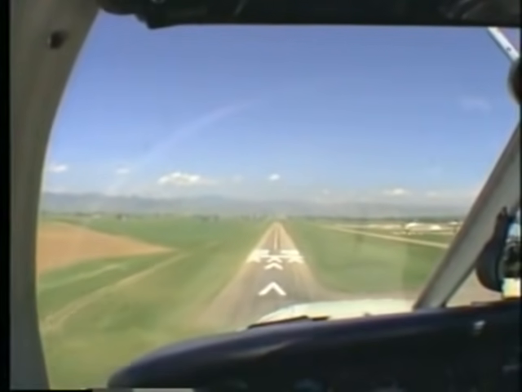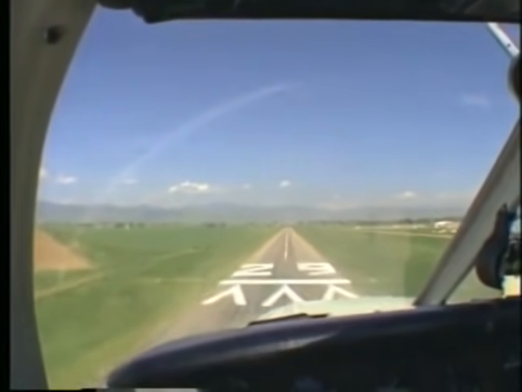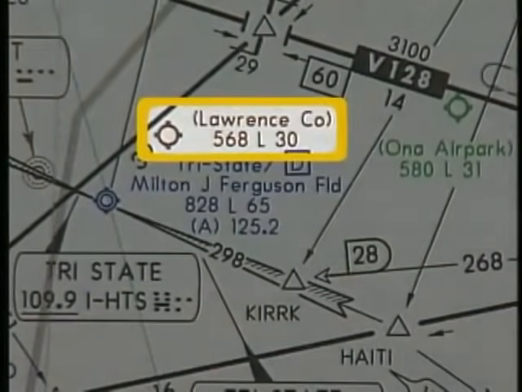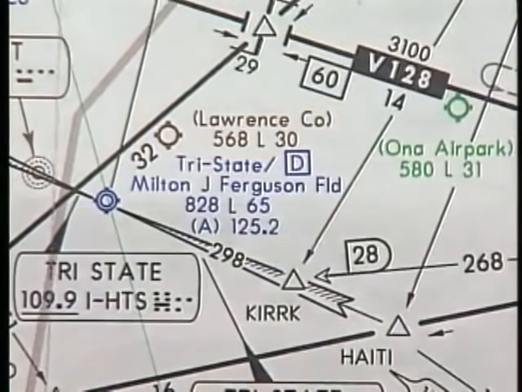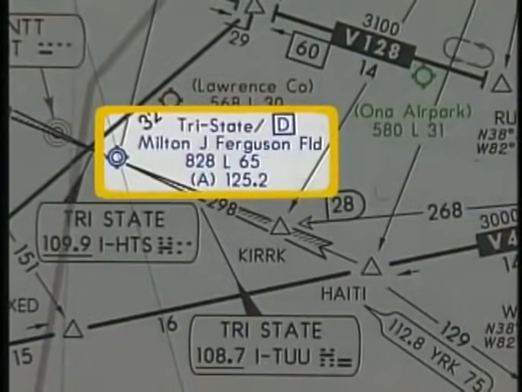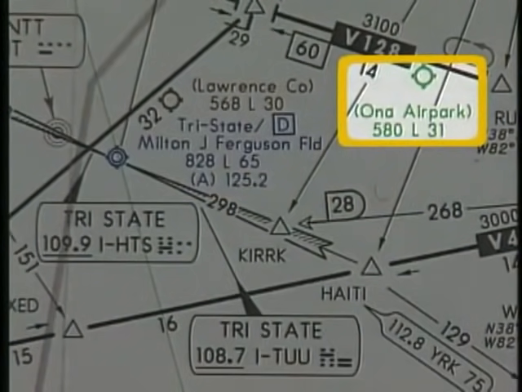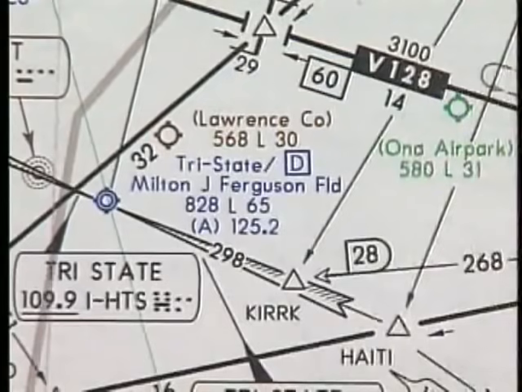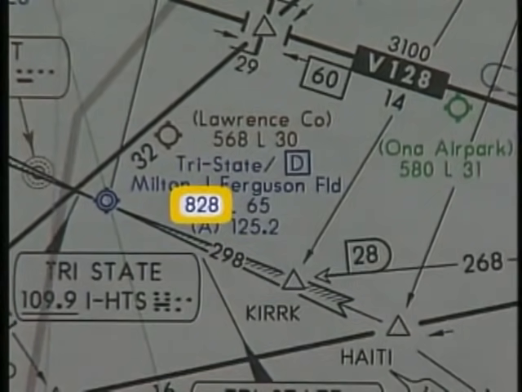As mentioned before, airports without an instrument approach are shown in brown, and airports with a published approach are depicted in either blue or green. With all airports, the airport elevation, availability of night lighting, and the length of the longest runway in hundreds of feet are noted on the chart.